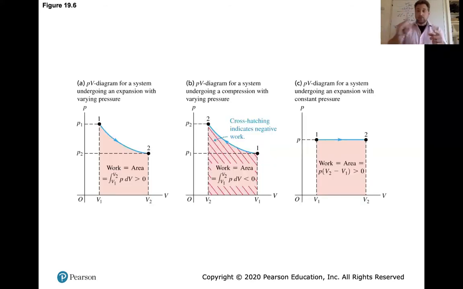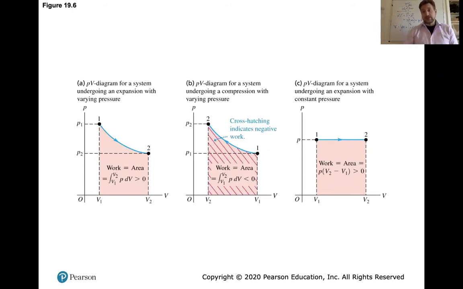So we've got point 1 and point 2, pressure, volume. As we go from point 1 to point 2, it's the area under that curve, the integral of P dV, like the integral of F dx. If we go the other way, then we're walking the x-axis, the volume axis, backwards, and we're talking about a negative area.